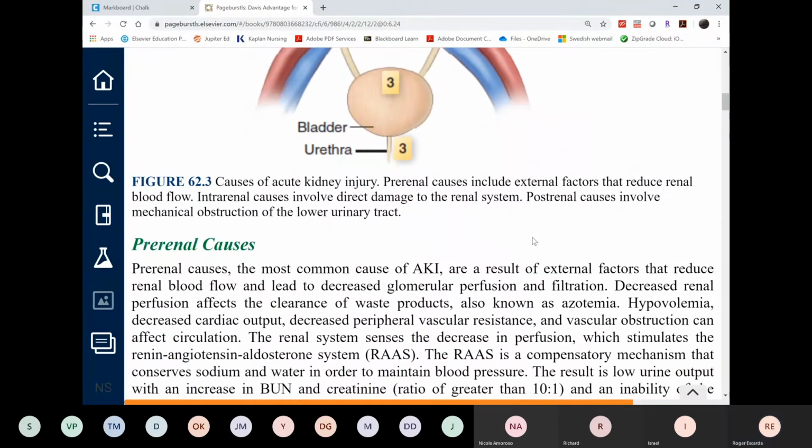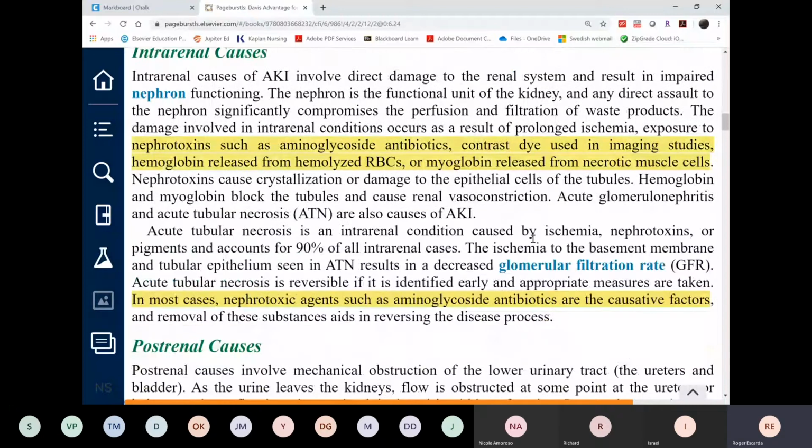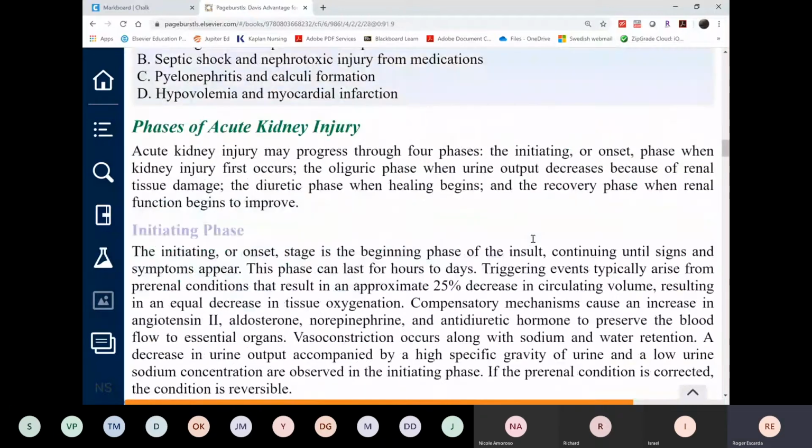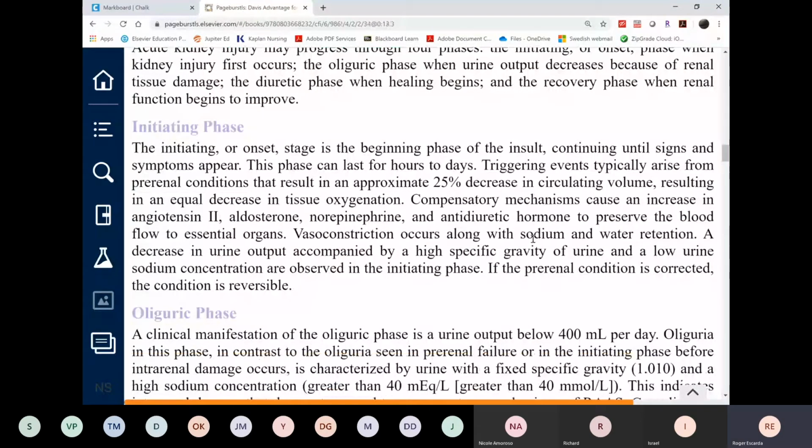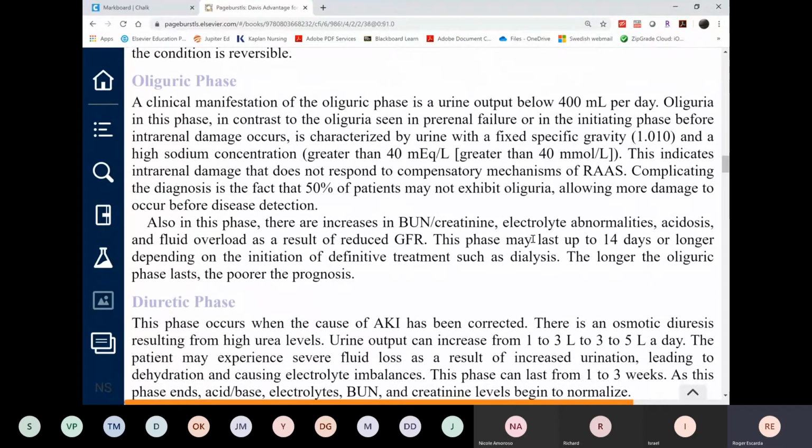So we went through the initial stage, but then we didn't do anything. There was no intervention. We did not stop the triggering events or the injuring events, let's say. Now we entered the oliguric phase. Our kidneys stopped making urine.